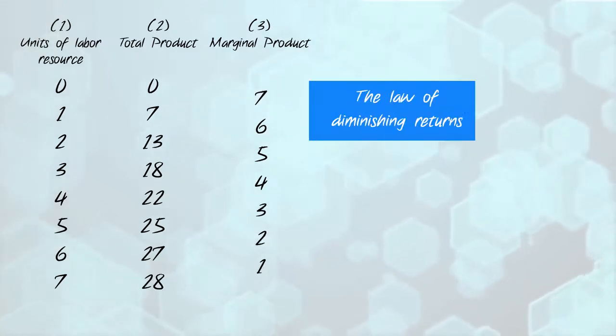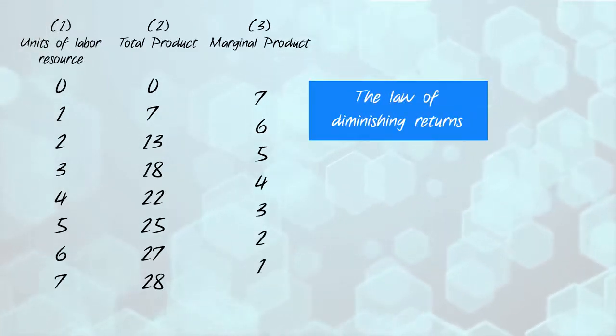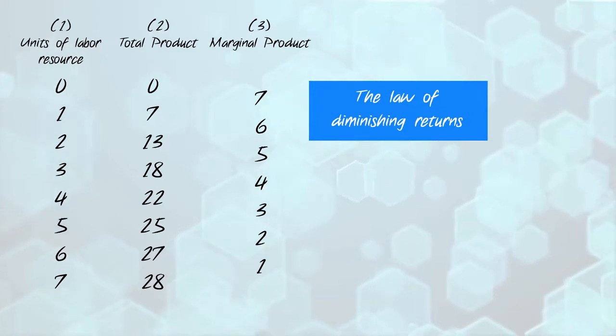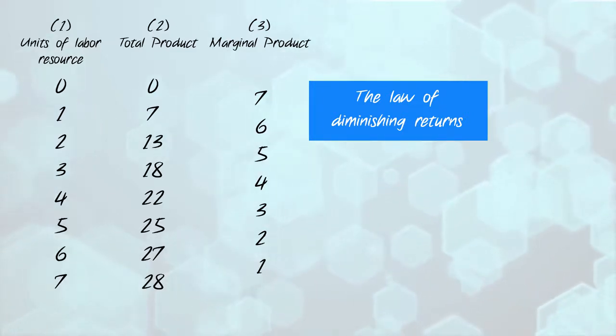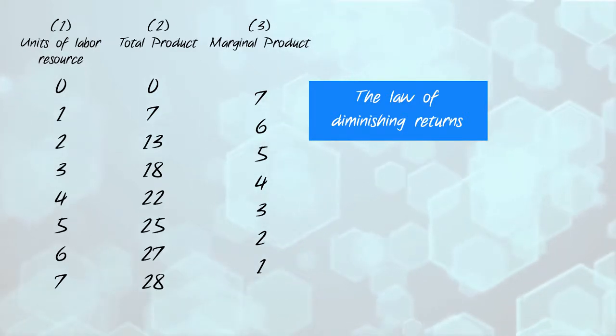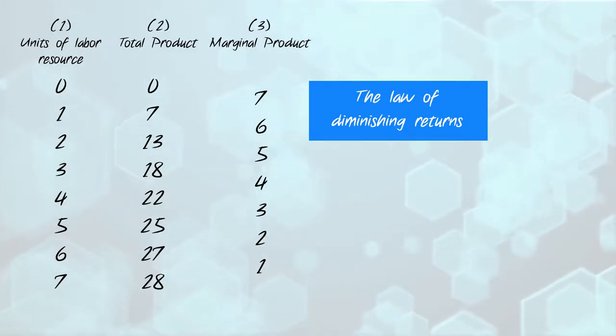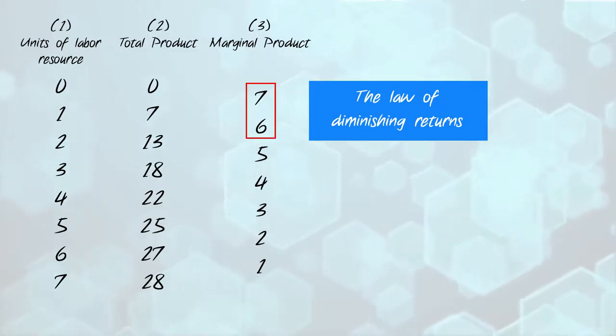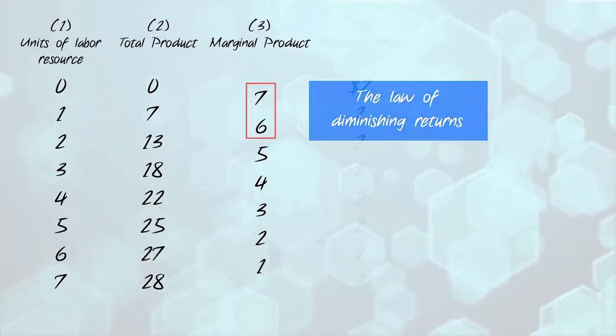That's right, the law of diminishing returns. And in the table, for simplicity, we are assuming that diminishing marginal productivity sets in with the very first worker hired, as seen by the drop in the marginal product from 7 to 6 in the third column.